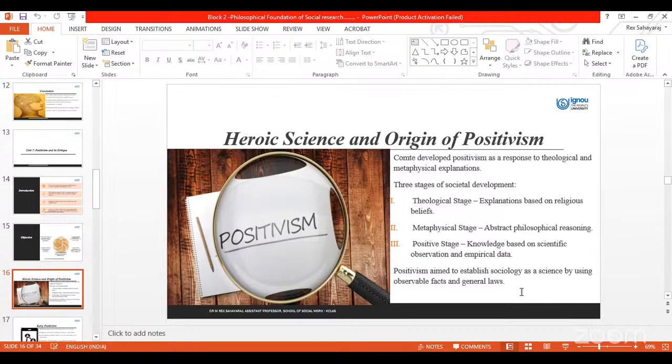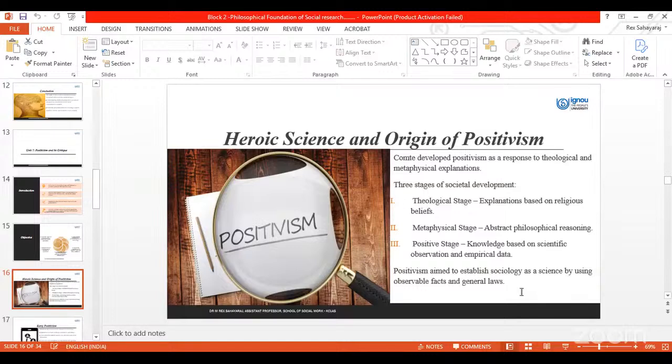No, it is a metaphysical stage. It is a philosophical thing, right? Where you have a scientific observation, when you come with empirical data, this is a positive stage.